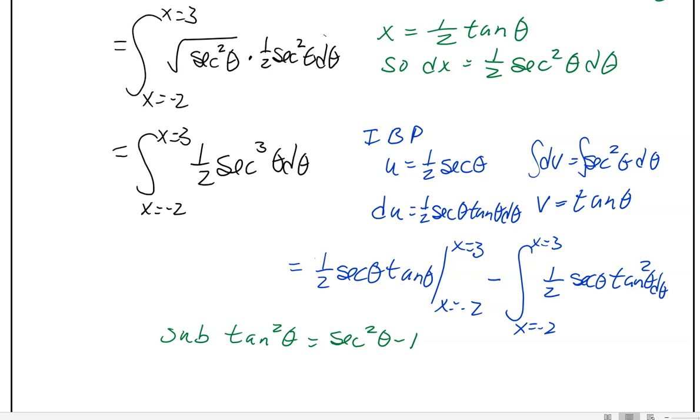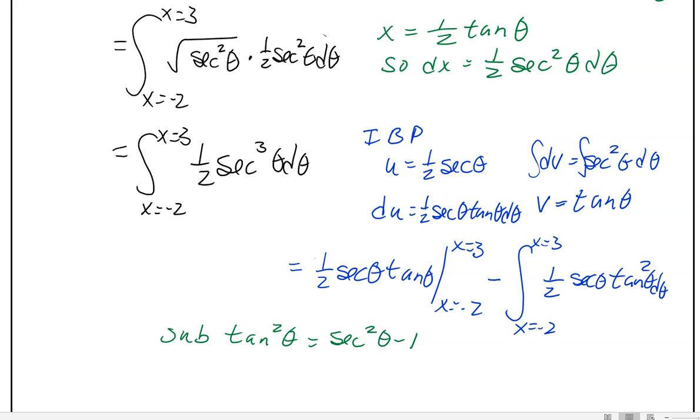Pull off 2 of the secants to serve as dv. So dv is secant squared of theta d theta, and when you integrate both sides, you get v is tangent of theta. That leaves 1/2 secant theta to become u. When we take the derivative, we get 1/2 secant theta tangent theta d theta.